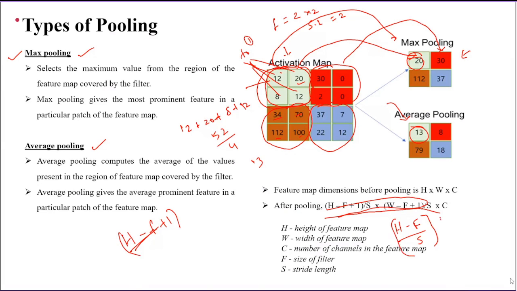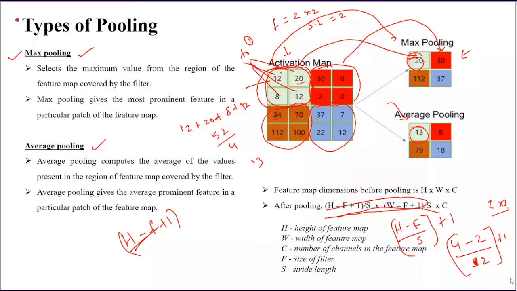Here the value of h is 4, the filter size is 2, and the length of the stride is 2. So you get (4 minus 2) divided by 2, which is 1, plus 1, which is nothing but 2. So you will get a 2 cross 2 output activation map.